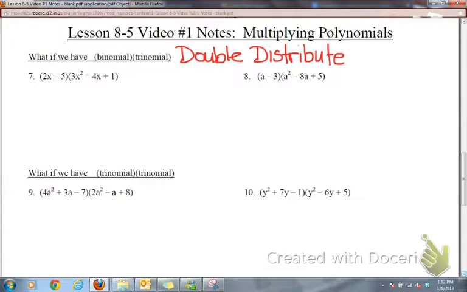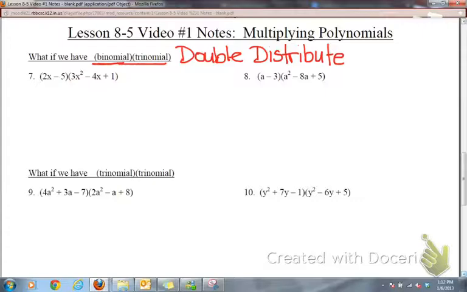So as I just mentioned, the FOIL method is really just another way to think about distributing twice. That's what we're going to have to think about doing when we have binomials times trinomials. And then later on when we have trinomials times trinomials, we'll actually be triple distributing. So I wrote up here for the first one, for 7 and 8, what if we have binomials times trinomials? Well, we just double distribute.